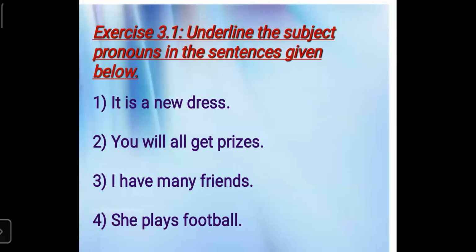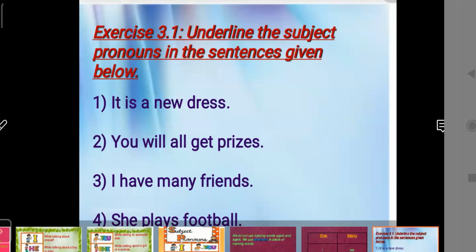Now, children, we have also done some activity. Underline the subject pronoun in the sentences given below.